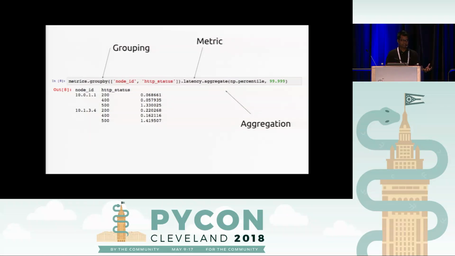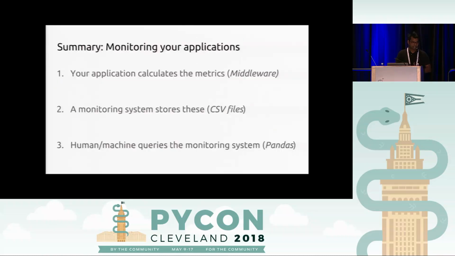We can use the groupby function to show me the latency data grouped by the node ID and the HTTP status. And the result is information like this. We don't have to look at individual numbers anymore: on this node, for HTTP status 200, the 99.999 percentile latency was this. So that's an easy way to do slicing and dicing of the data.